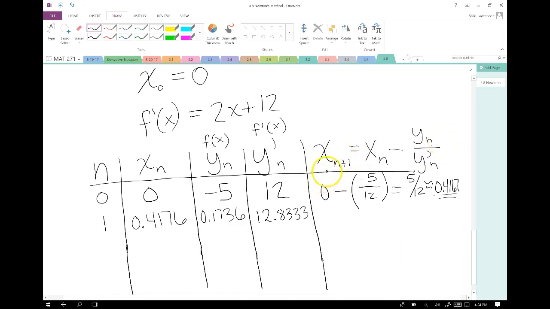The x-intercept is the current x value, 0.4167, minus the y value, 0.1736, divided by the y prime value, 12.8333.